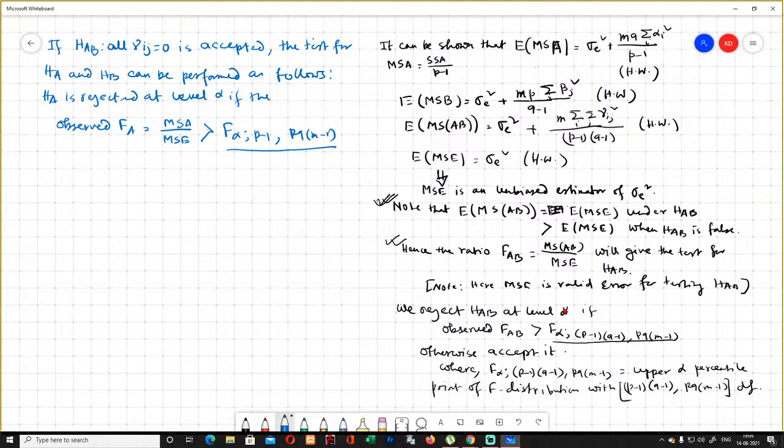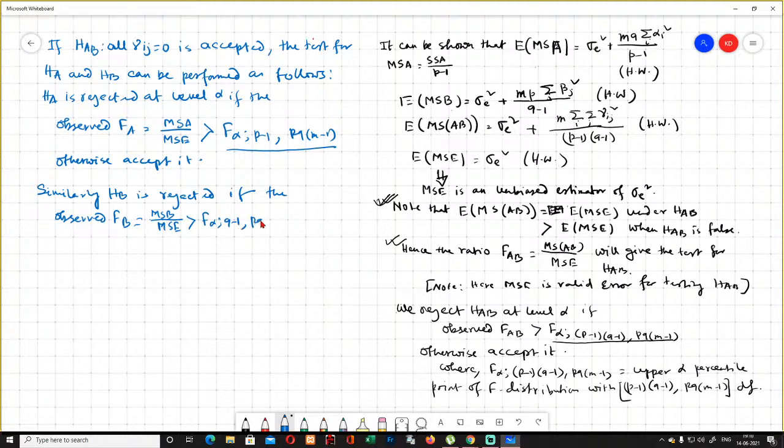Okay, and otherwise accept it. Similarly, HB is rejected if the observed F, I denote this by FB, which is the ratio of MSB by MSE, is greater than F alpha, Q minus 1, PQ into m minus 1, and otherwise we accept it.